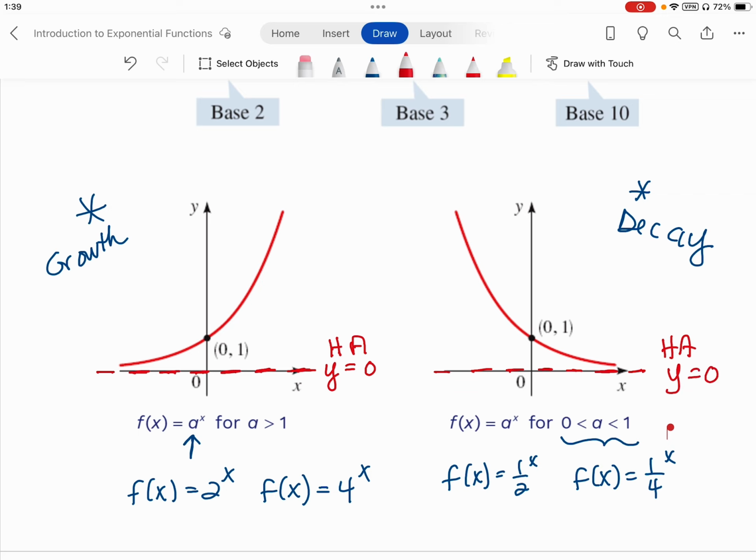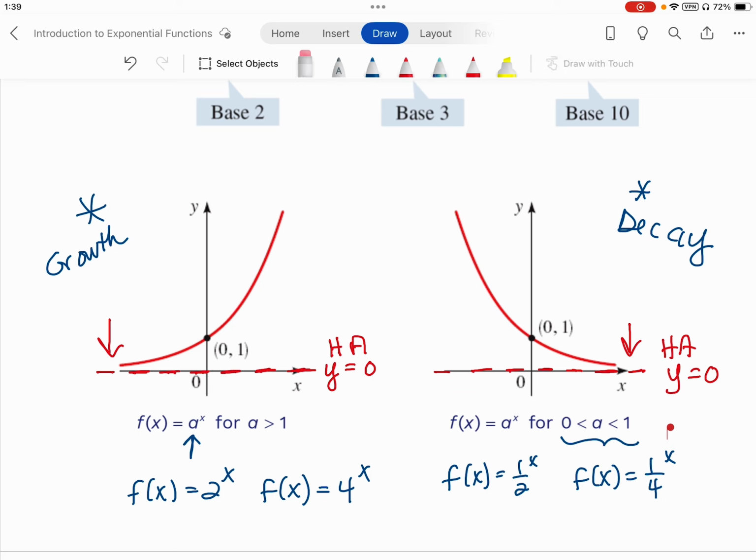Exponential functions are going to come in really close to that horizontal asymptote, but not actually touch it or cross it. You can see here on the left side that it's going to level off, coming in very, very close to that horizontal asymptote. Similarly, on the graph on the right, you can see how the graph is going to come into that horizontal asymptote on the right.